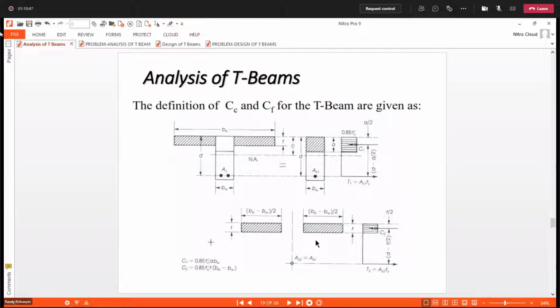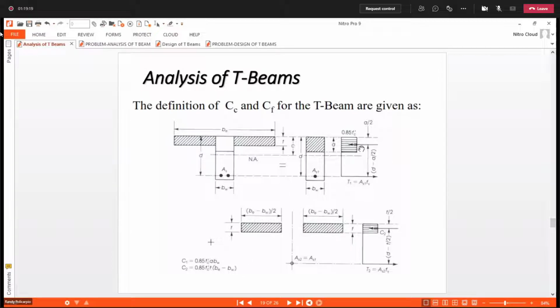So this is about the determination of cf and cw. Here, they are designated as c1 and c2. For the flange, it is written here be minus bw. So our equation is 0.85 f'c multiplied by the thickness of the flange, or the thickness of the slab, times be minus bw.